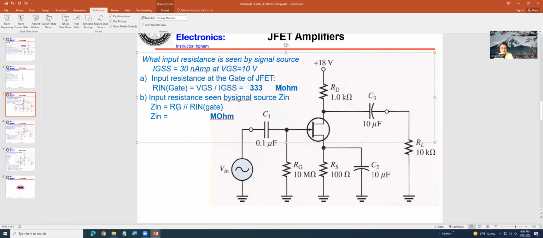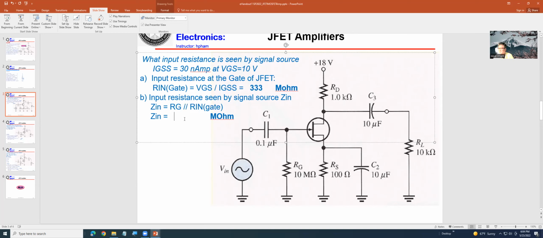So basically, the input resistance seen by the signal source, RG will be in parallel with R in gate.